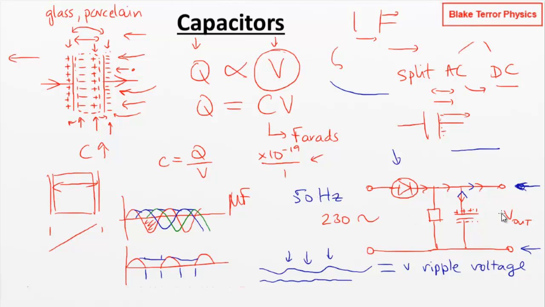So the capacitors are really good for smoothing out that sort of thing with these rectifier circuits, filling in those gaps. They're also good for sensing. Anything which changes the capacitance of something is going to change the potential difference across the plates, and it's going to change the current flowing in and out of the capacitor.